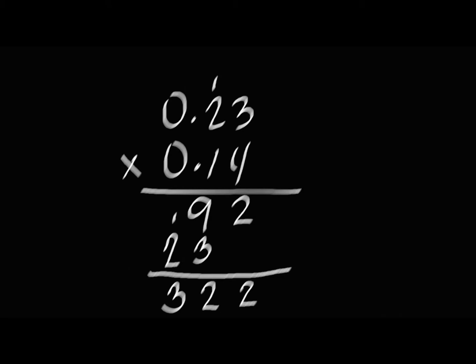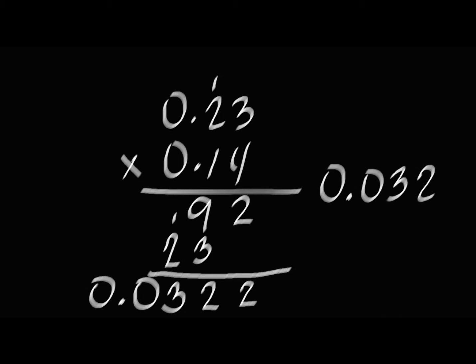But our product has only 3 digits. Again, we will add 0. Affix the decimal point and another 0 here. So the answer to 23 hundredths times 14 hundredths is 322 ten thousandths. You got it? I hope you do.